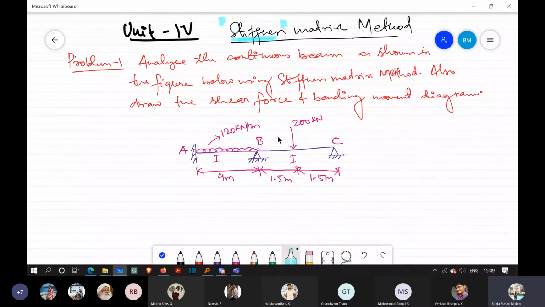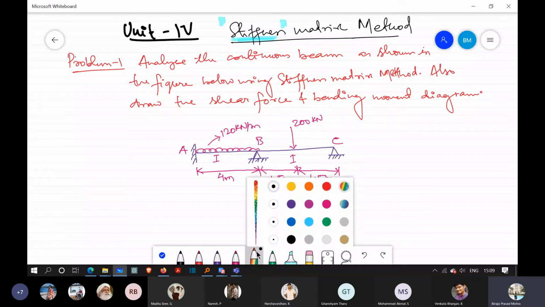Whenever we solve using the stiffness matrix method, we consider the displacements as unknowns. I'm making a table, only for your rough understanding, not any kind of formulas.